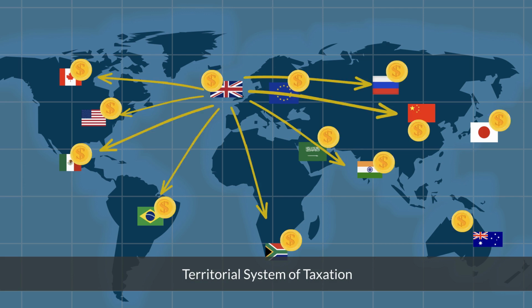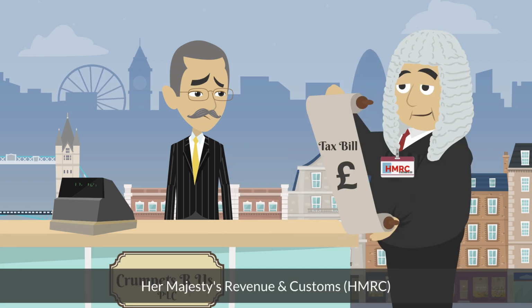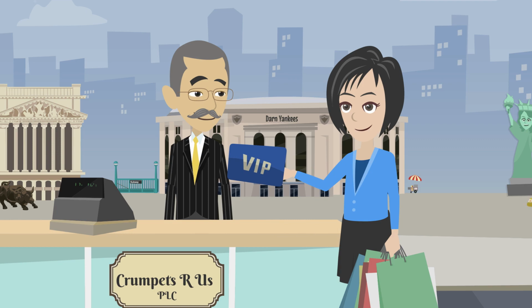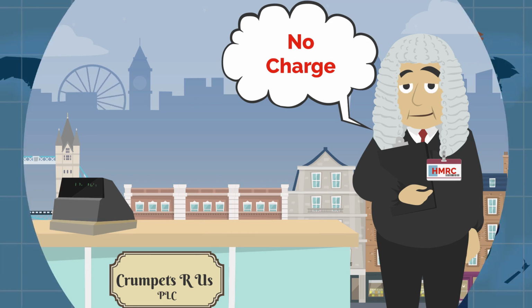For example, if a British company makes a sale in London, the UK will tax that sale because it is UK sourced income. On the other hand, if the same British company sells the same product in another country, the UK would not tax that sale under its territorial system.